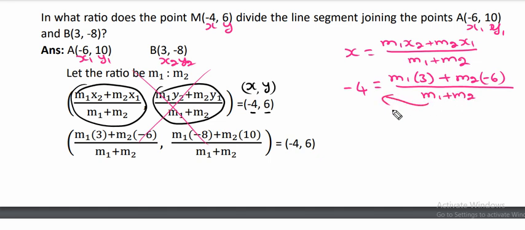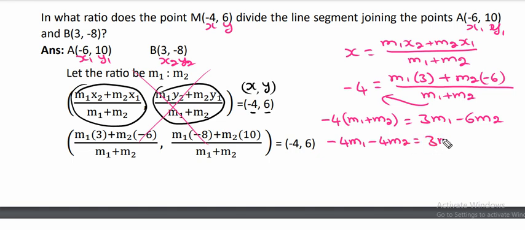Here you have to transfer this m1 plus m2 to the left hand side. -4 into m1 plus m2 is equal to, if you multiply this one you get 3m1 plus into minus 6m2. First we have to multiply this -4 to the m1 plus m2. -4m1 plus into minus 4m2 is equal to 3m1 minus 6m2.